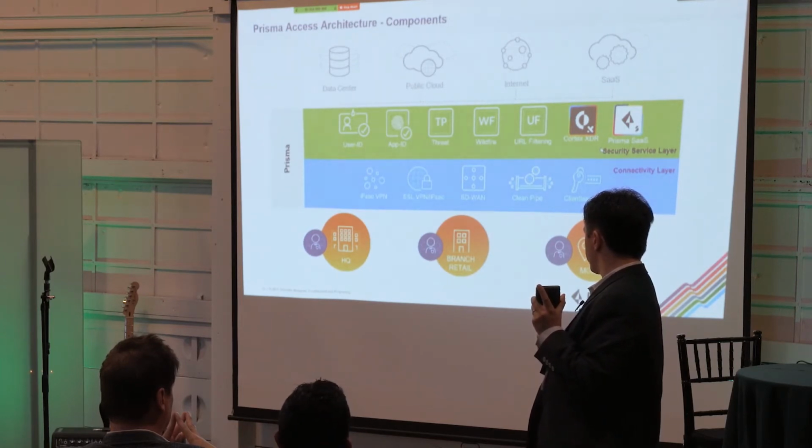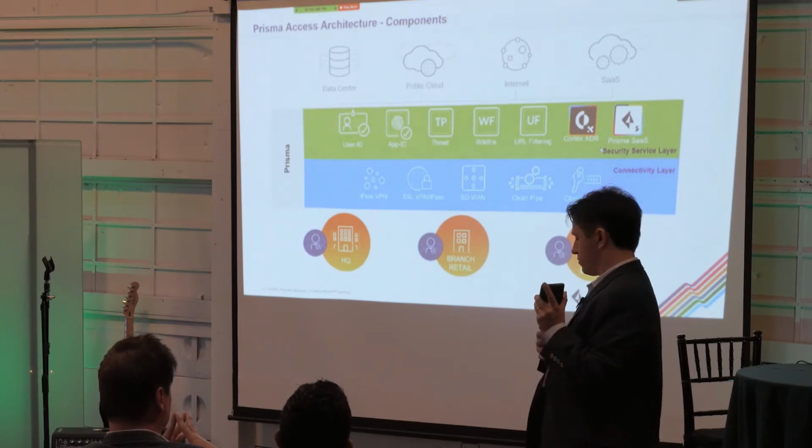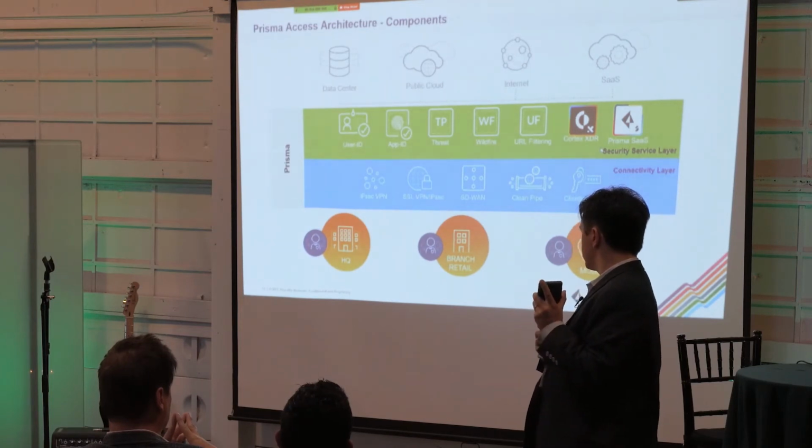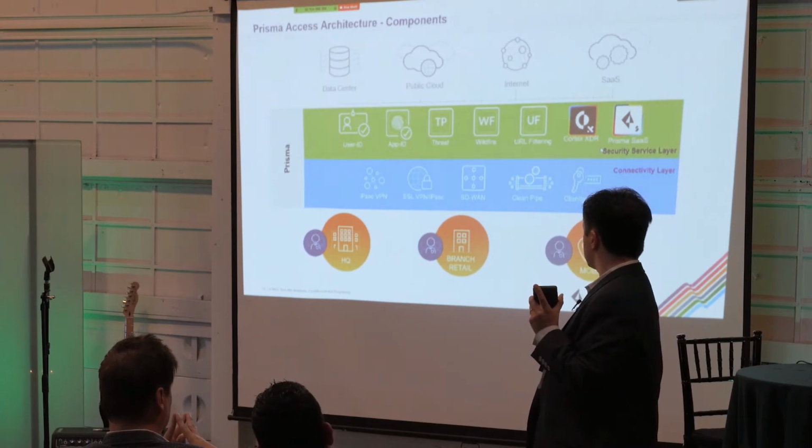So it was acting as an interface between access to the data center or even accessing information on the internet, and then public cloud, where users might be accessing SaaS applications like Salesforce or Office 365 or G Suite. So it needed to have secure access from multiple locations.